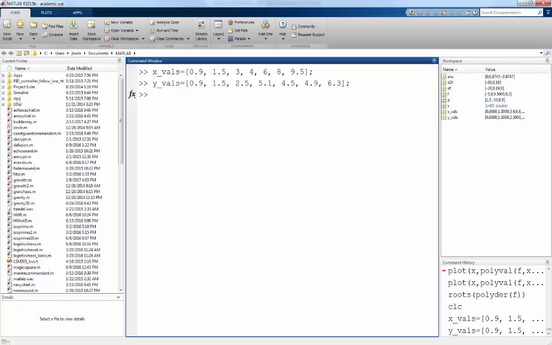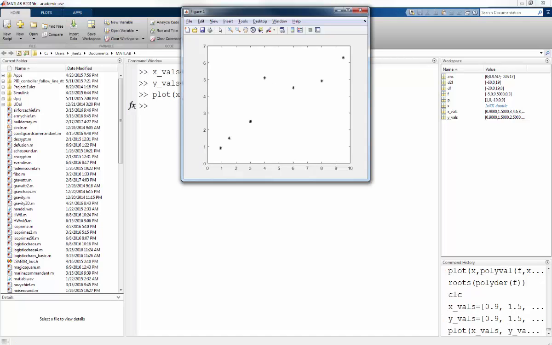Okay, first let's just see what that looks like. Let's plot x vals versus y vals using maybe black stars. Okay, so here's the data, and now let's see what is the line that best fits and the third order polynomial that best fits that data.